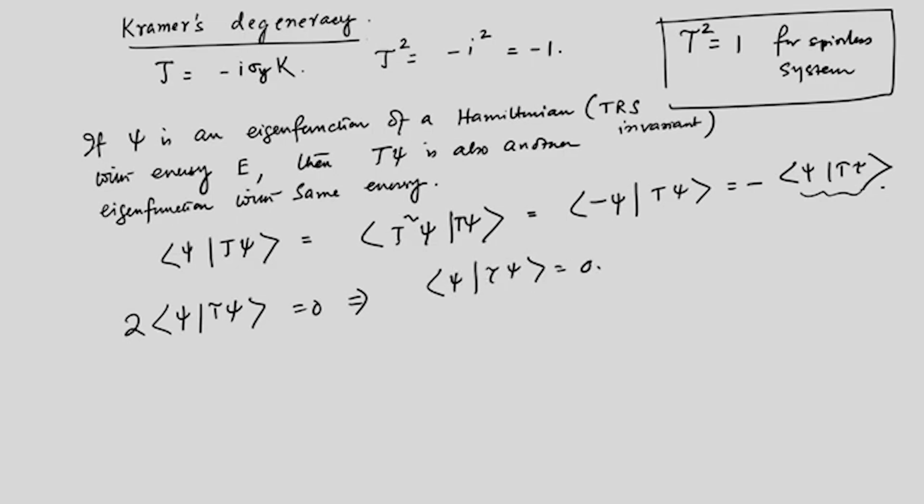This is one of the important implications of time reversal symmetry in a spinful system, that they are orthogonal to each other but they have the same energy, and this is called Kramers degeneracy. These psi and T psi are called Kramers doublets.